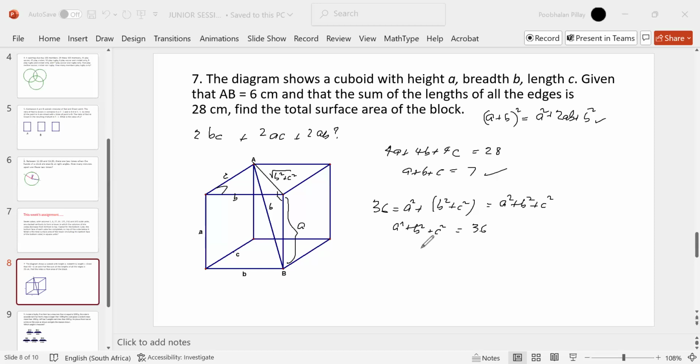But I noticed that I've got squares of A, B, and C. So I'd like to see what A plus B plus C all squared is. You might think it is A squared plus B squared plus C squared, but that is wrong. Just like this is not equal to A squared plus B squared, you have to add something else here. It turns out that what you have to add is twice all possible products: 2AB, A and B; 2AC, A and C; and the only thing left is BC, 2BC.